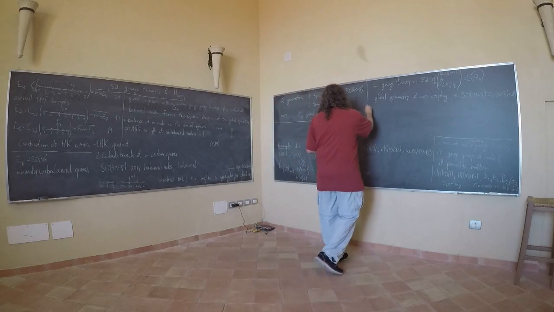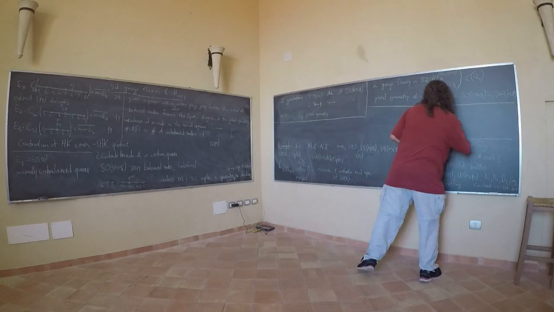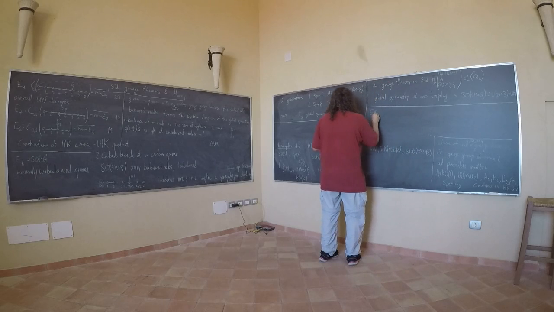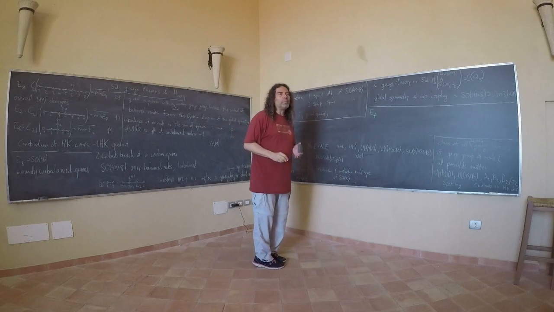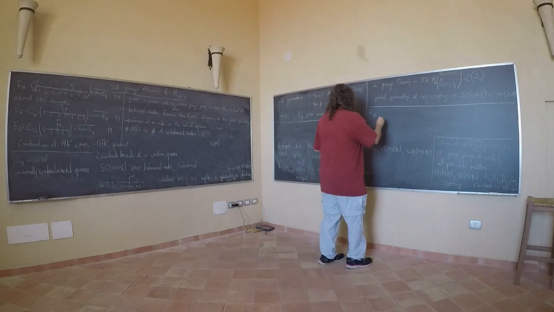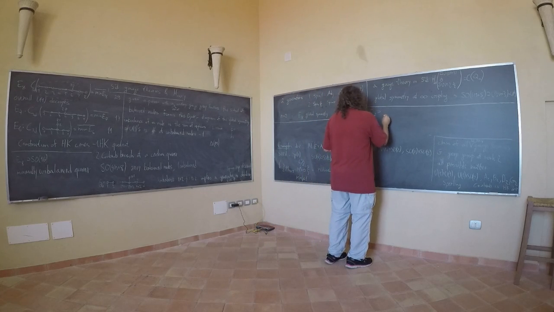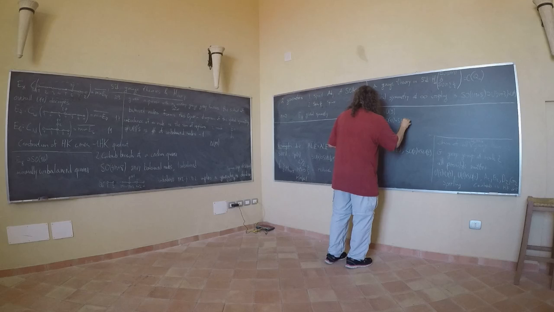So, E7 has two maximal subgroups that I can think of with a single factor. There is an SU9 and there is an SO12 times SU2.